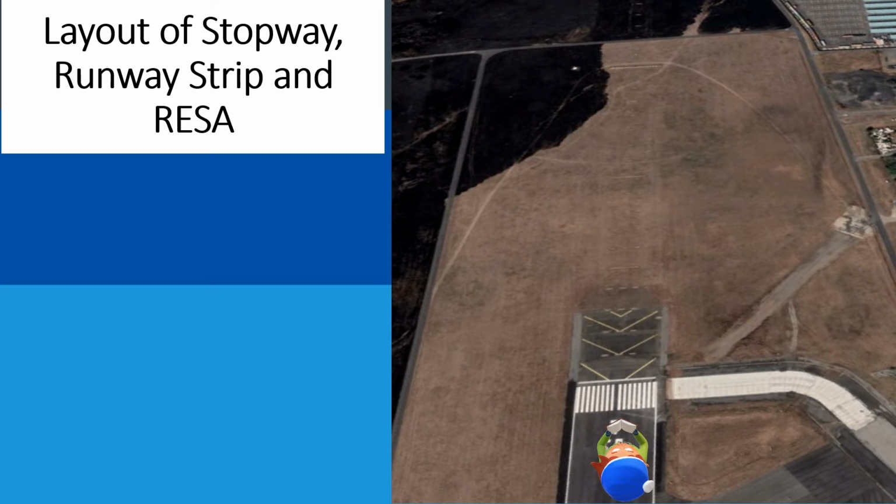Let's look at another field example of the runway relative to the strip and the RESA. This time around, we are looking at a runway with a stopway. You can see that beyond this runway threshold, there is a paved area which we are using as a stopway.